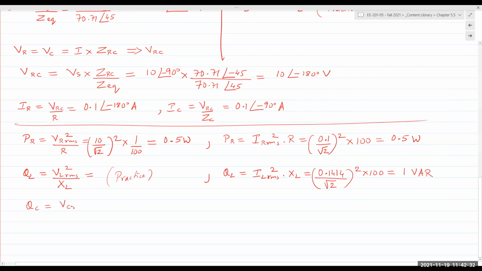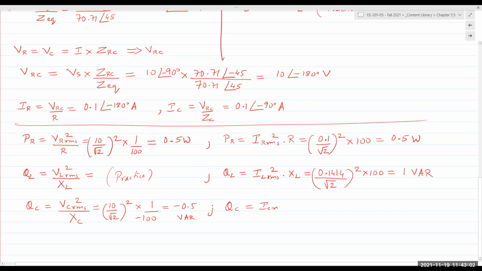QC would be VCRMS squared divided by XC. VCRMS would be 10 divided by root 2, times 1 over 100. Well, this is minus 100, so the answer should be negative. And QC here comes out to be 0.5 VAR.